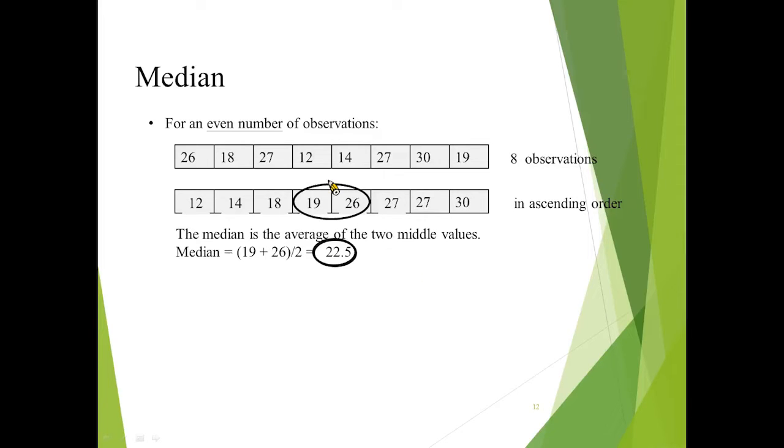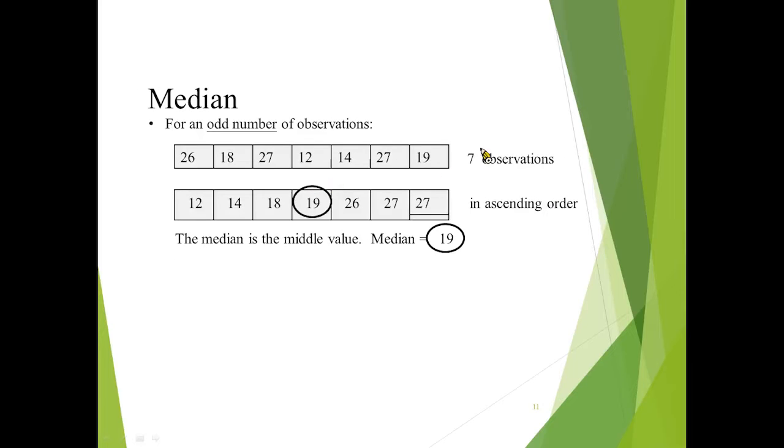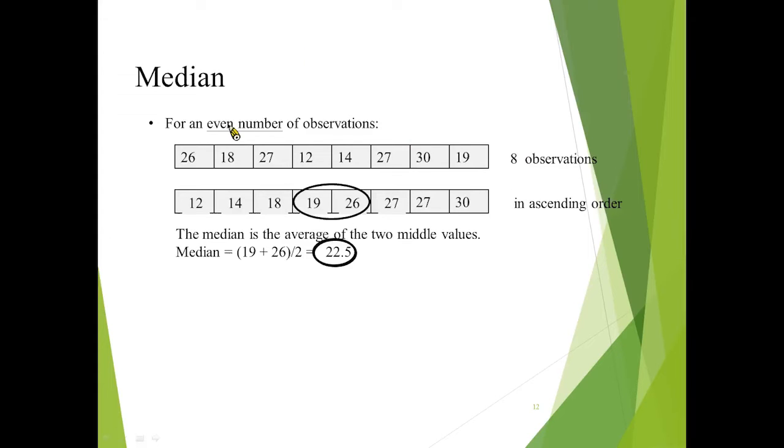So the first example has an odd number, and the next example has an even number. It's a little bit different.